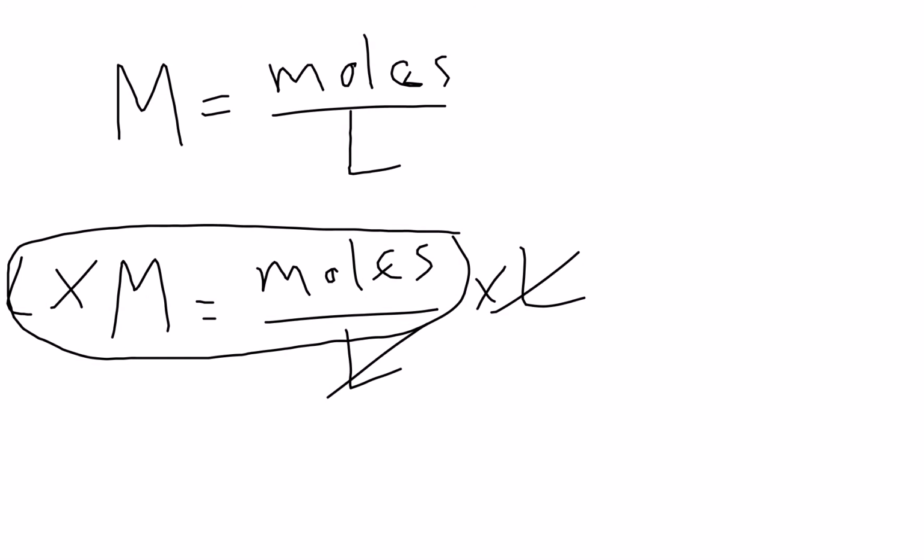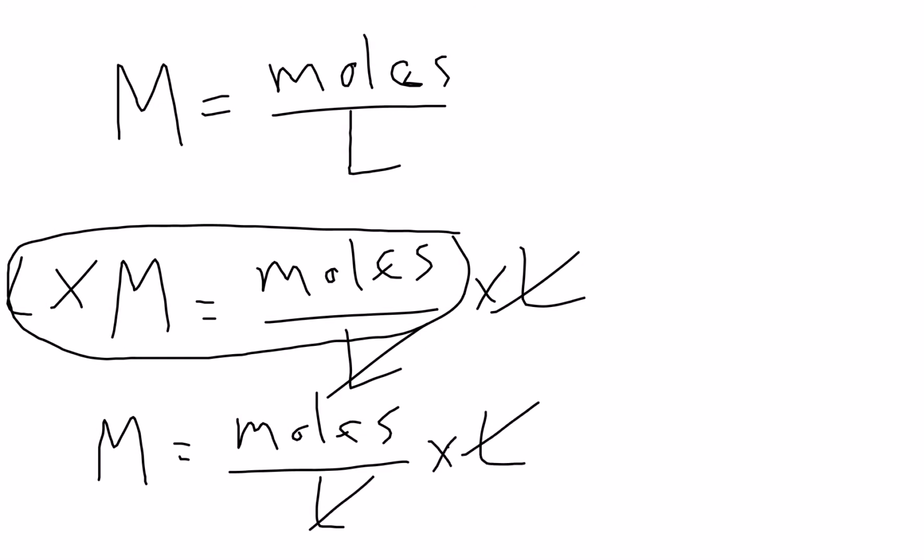All right? And then finally, what if I want to find the liters? I can do the same thing. I'm going to do molarity equals moles over liters. If I want to get liters, I need to get it by itself, and it's in the denominator right now. So let's get liters, just like we did before, away from the bottom. That gives us moles equals liters times molarity.